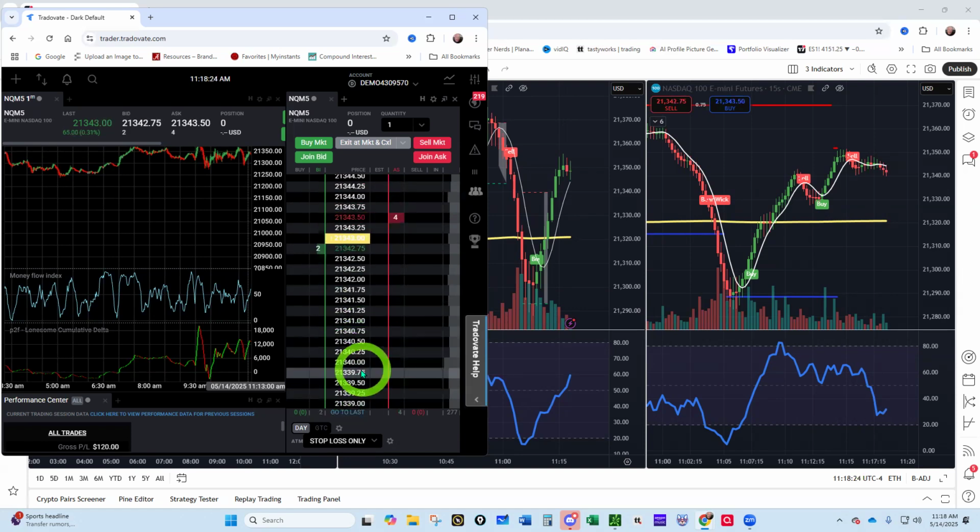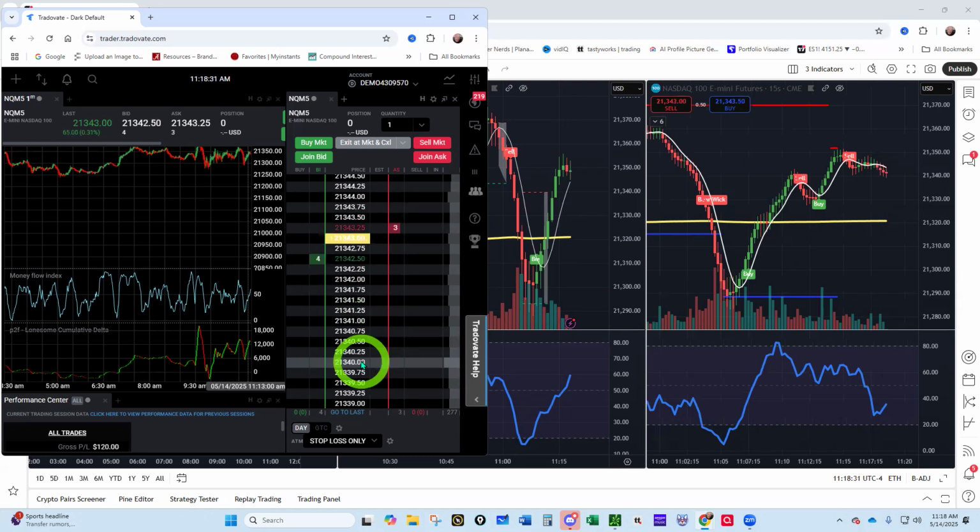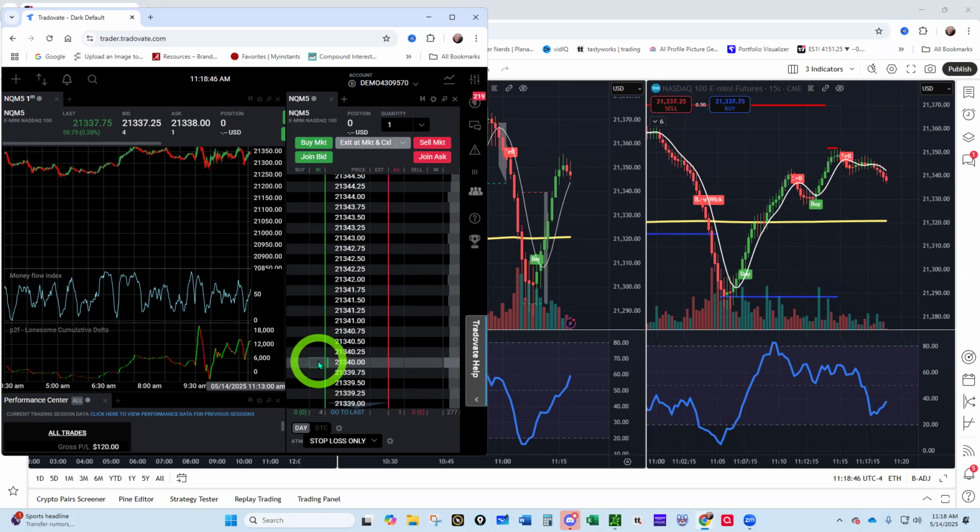That 40 level would have been gold several times. Then when it gets back to it, I'm like, I'm not sure I want it. AD going flat on me.